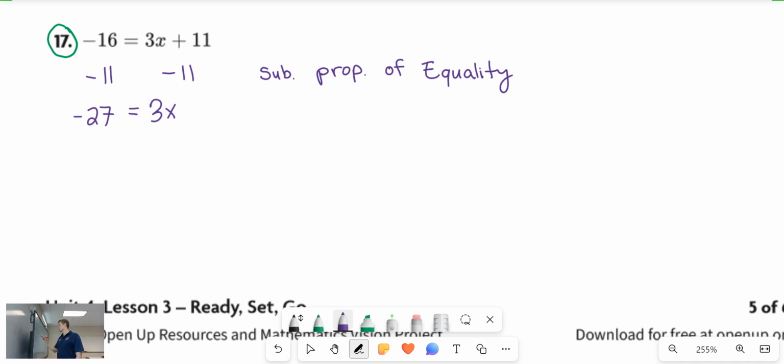All right, now what are we going to do? Well, we are not subtracting here. What are we doing? We're dividing. Divide this side by 3 to get the x alone, which means we also have to divide the other side by 3. And this uses the division property of equality.